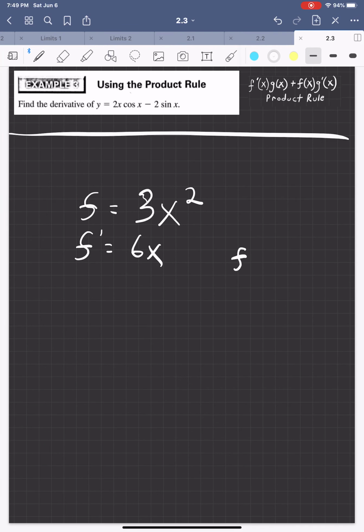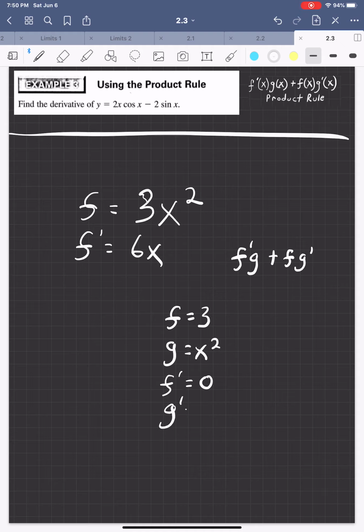I've learned the product rule in so many different notations that I sometimes forget which one I just used. Okay, so let's assume that this student said, well, let's let f equal 3, and let's let g equal x squared. Then f prime would equal 0, and g prime would equal 2x.